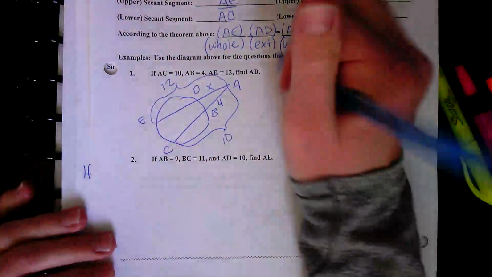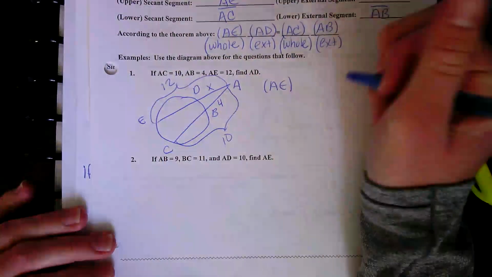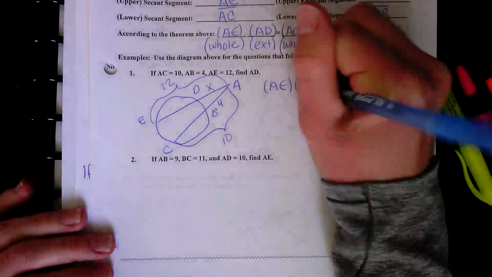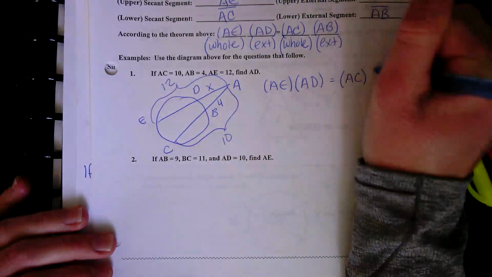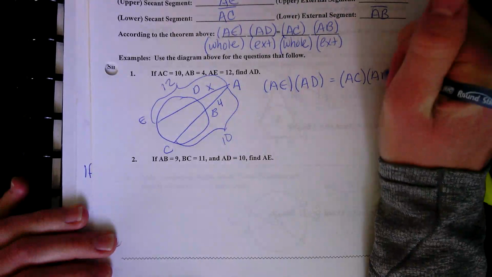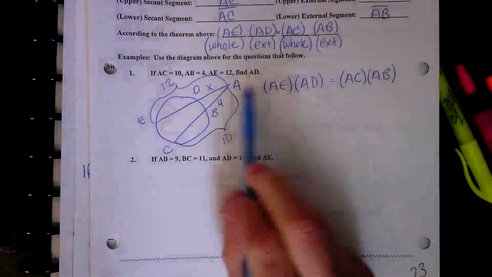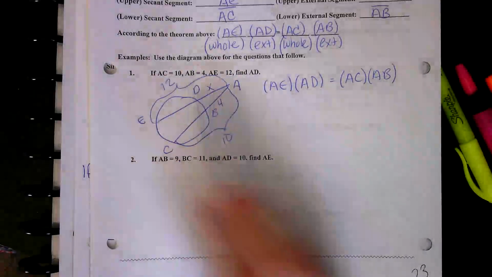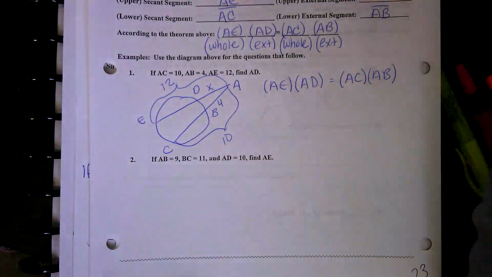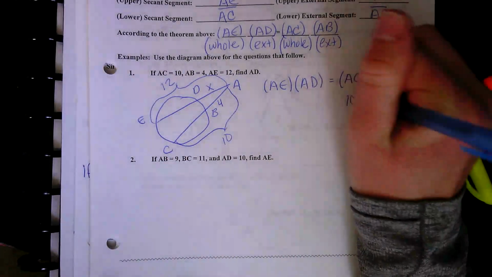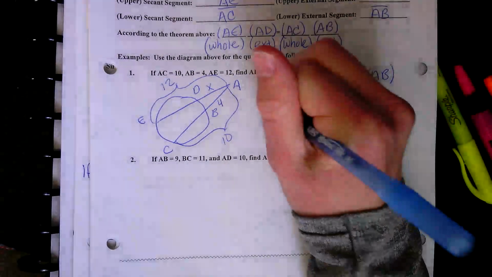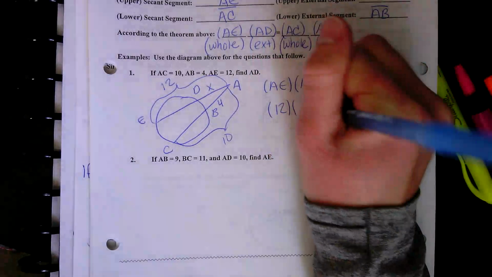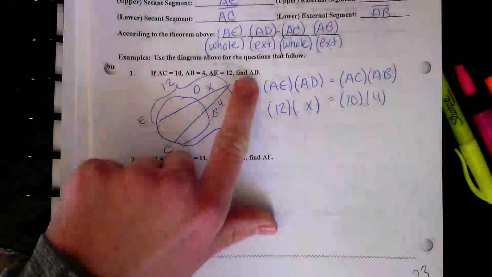So we're using this formula right here. We're doing AE, our whole, times our external, which is AD, is equal to AC, our whole again, times AB, which is our external. Now we just plug these values in. AC is 10, AB is 4, AE is 12, and AD is X. That's what we're trying to find.